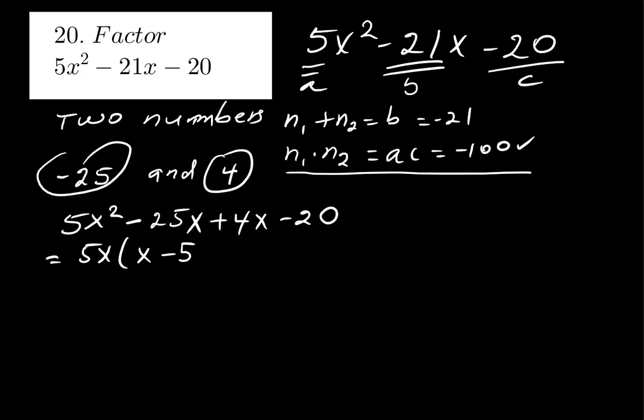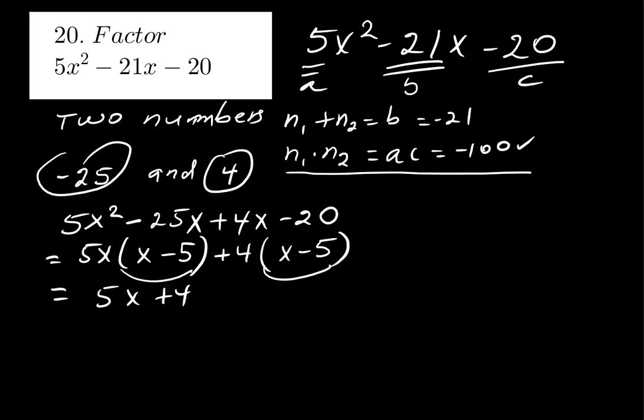We will be factoring x minus 5, and here we can put the 4 in factor, x minus 5. Now we have that and we have that, so we can say this is equal to 5x plus 4 times x minus 5, and this is what the question is.